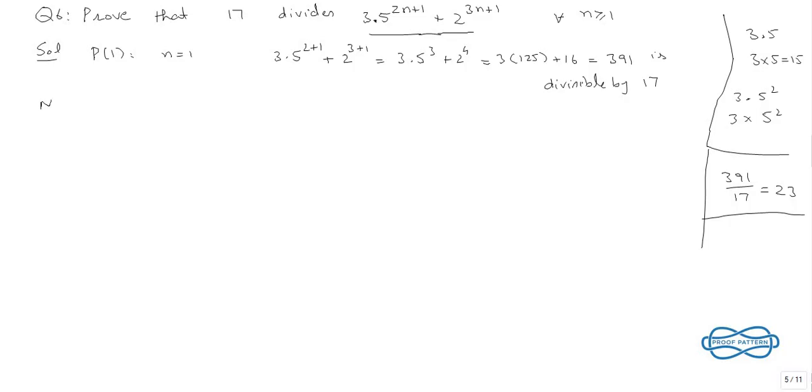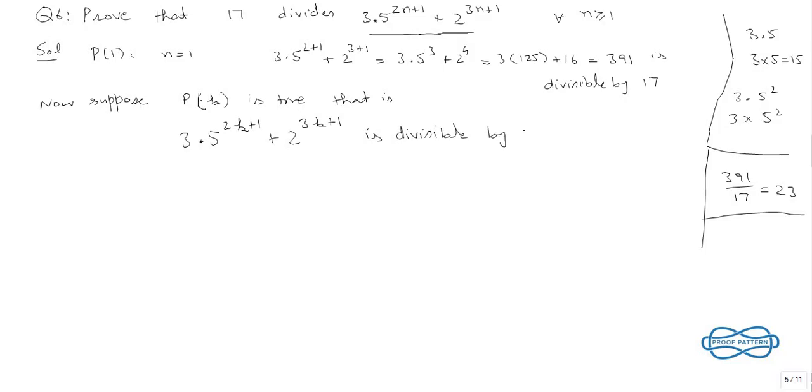Now we suppose that the condition is true for k. This is actually the hypothesis, and it means 17 divides 3 into 5 to the power 2k plus 1 plus 2 to the power 3k plus 1, that is, it is divisible by 17.